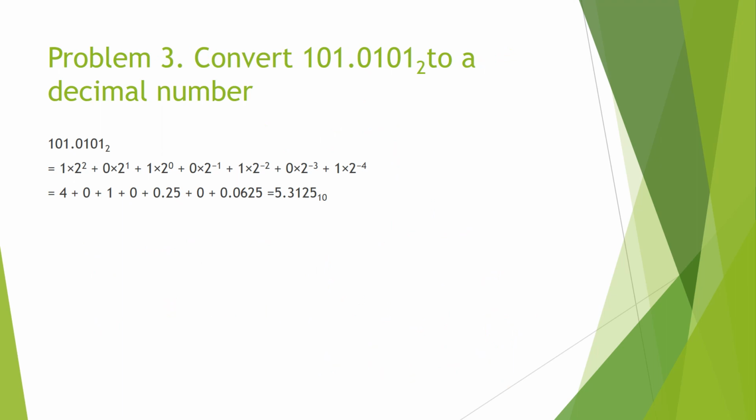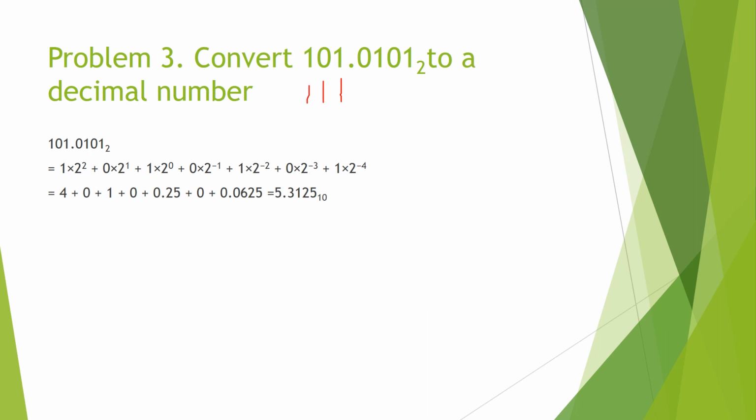So in our other example that contains both the fraction part and the whole part, remember in this case we have two parts. The first one, we have ones, twos, then fours.